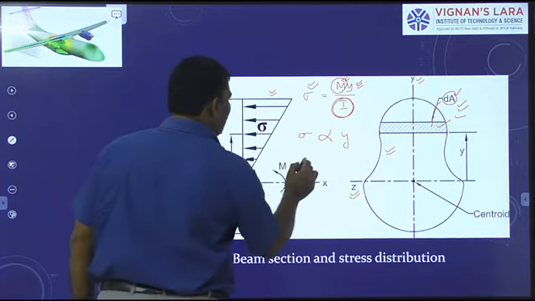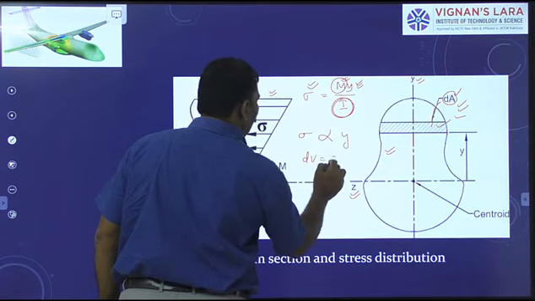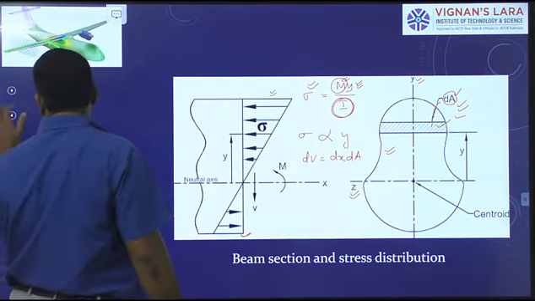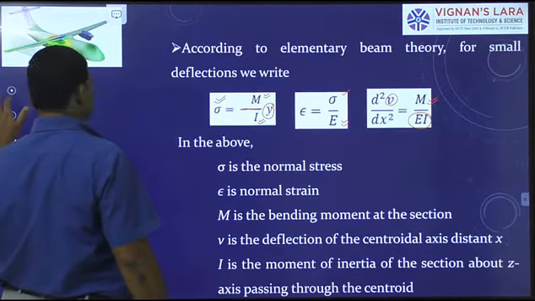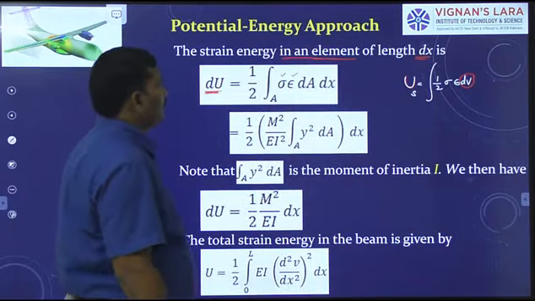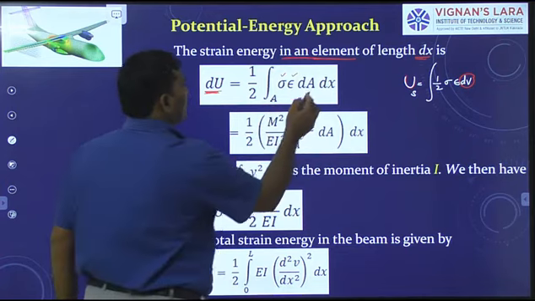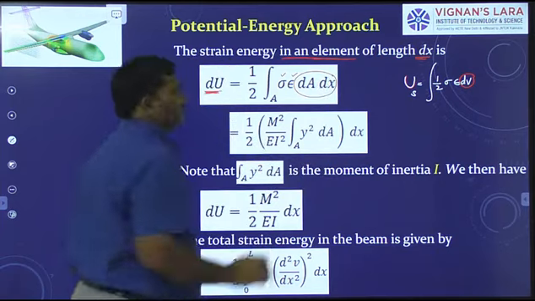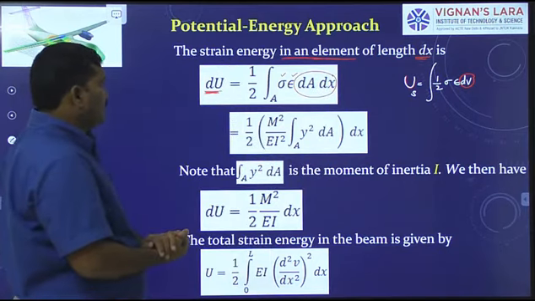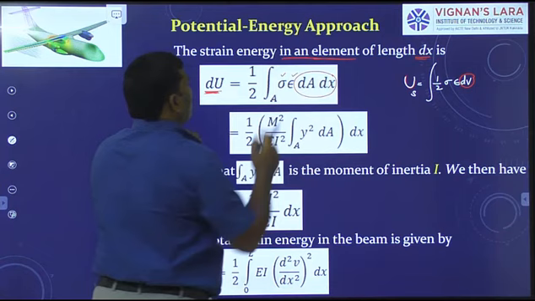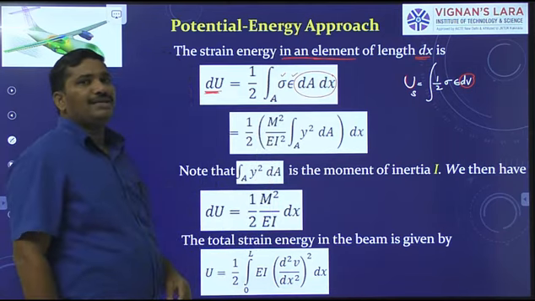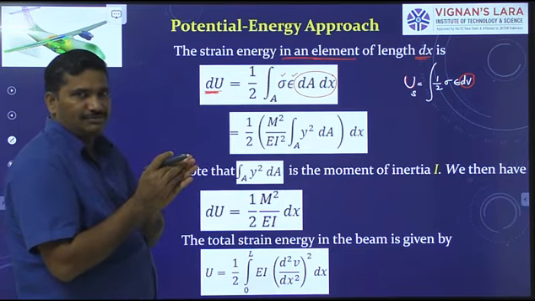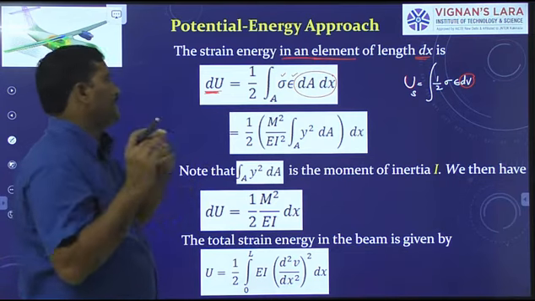Therefore, you get dV equals dx into dA. That is what we write in this expression. In place of dV, I write dA into dx. Now, this is the expression for the strain energy in an element of thickness dx and area dA.